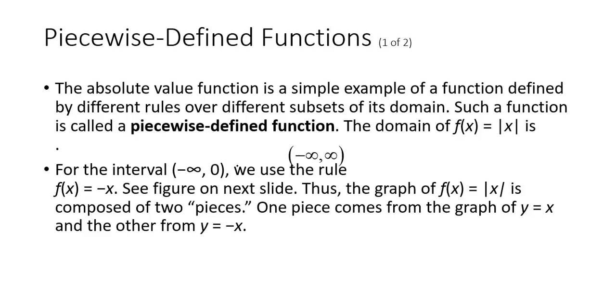If you recall the graph of absolute value of x going from negative infinity to 0, f of x would be equal to minus x, because the graph is going down, which we're going to take a look at in the figure on the next slide. And as we go from 0 to positive infinity, the function has a different equation, which is y is equal to x, as the graph goes up.